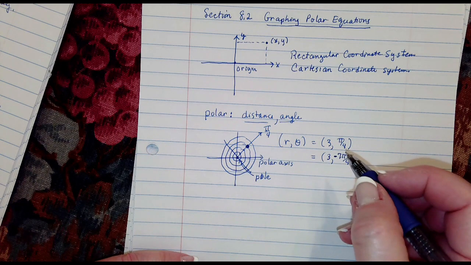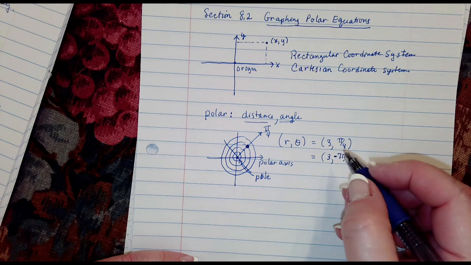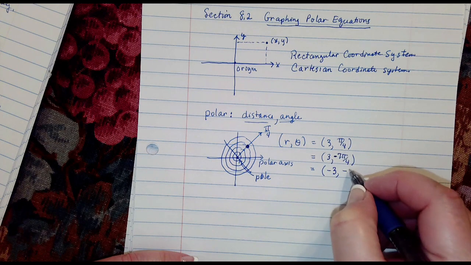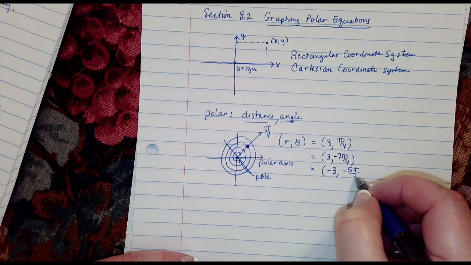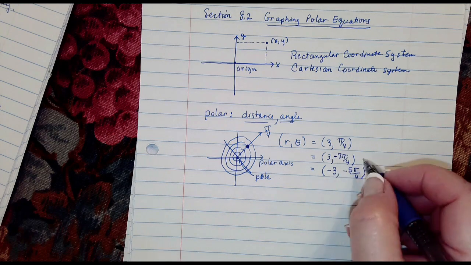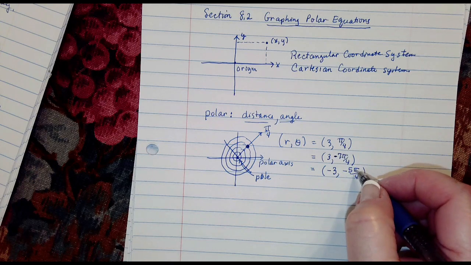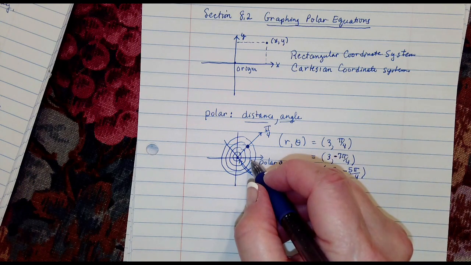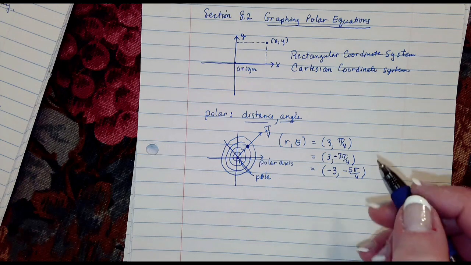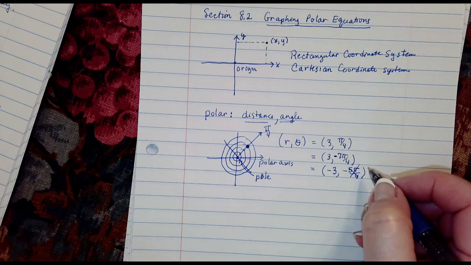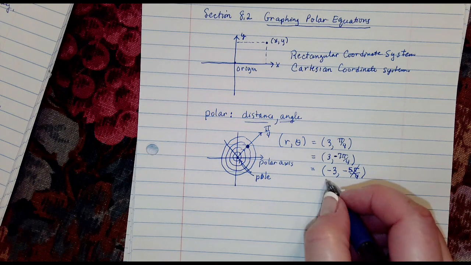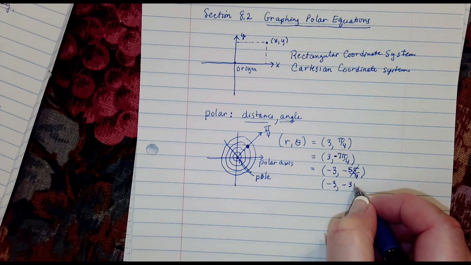Now another idea that someone earlier talked about was, what about negative 3 comma negative 5 pi over 4? Let's test that out and see if that works. The negative 3 is going to come from going backwards on the line. Negative 5 pi over 4 would be up to here, so that wouldn't work. But what if I used negative 3 comma negative 3 pi over 4?